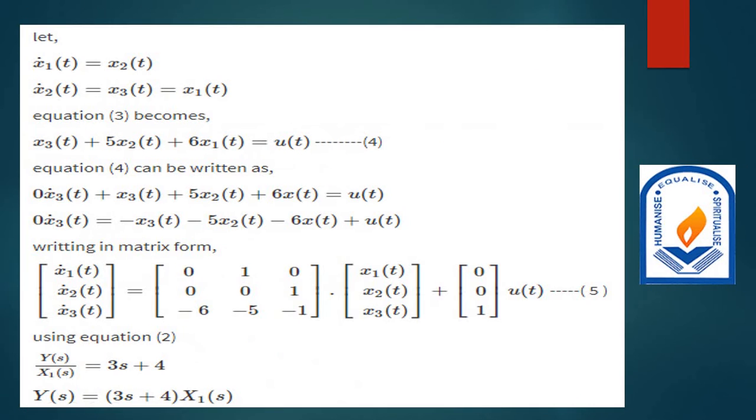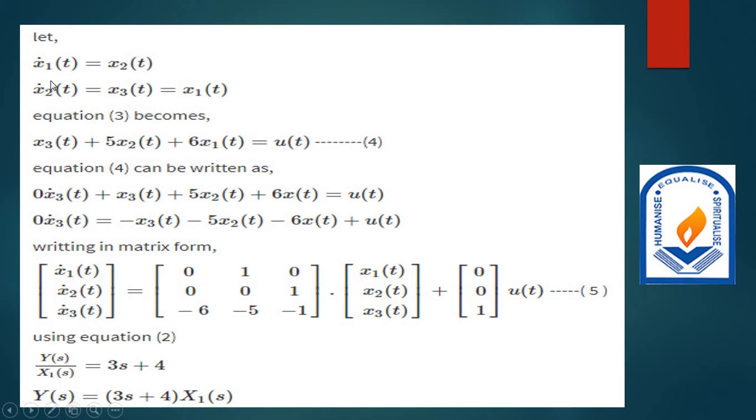In the next slide, let x1 dot, that is the first derivative, be written as x2 of t, and then x2 dot of t can be written as x3 of t. In equation number 3 we substitute these values.